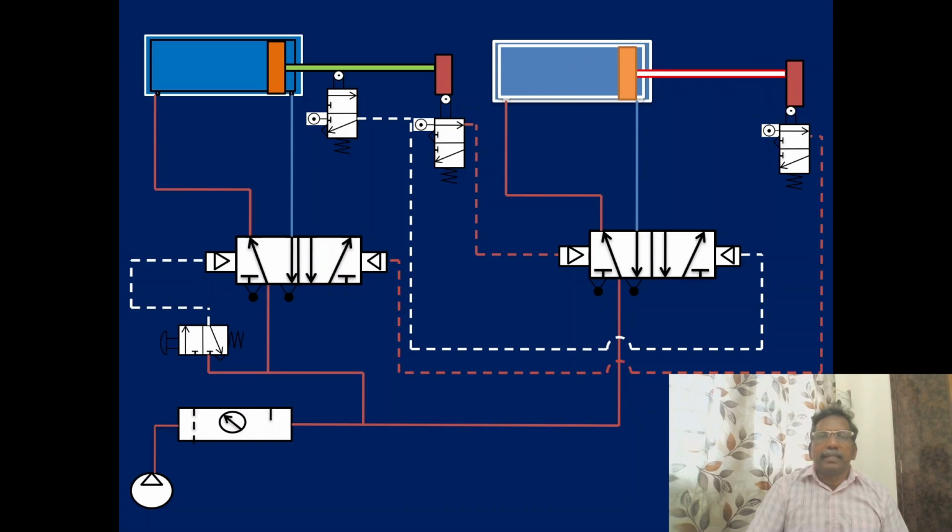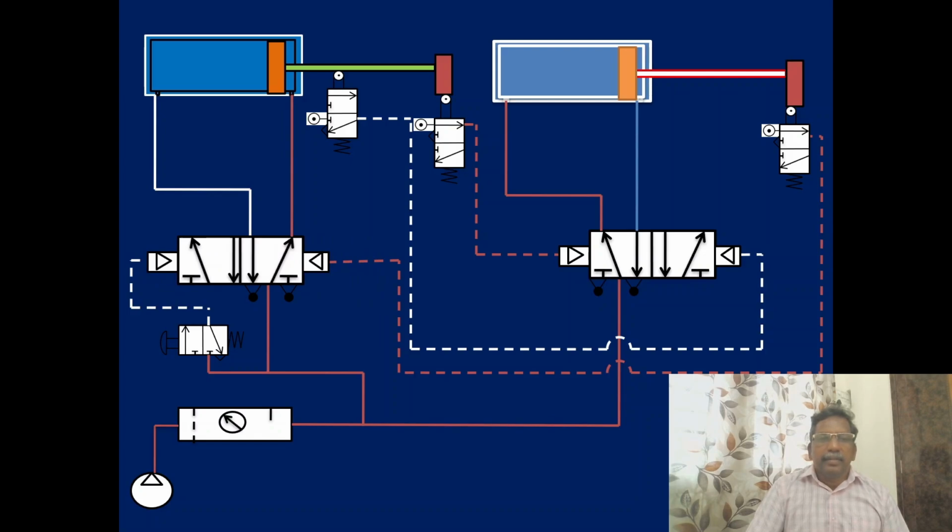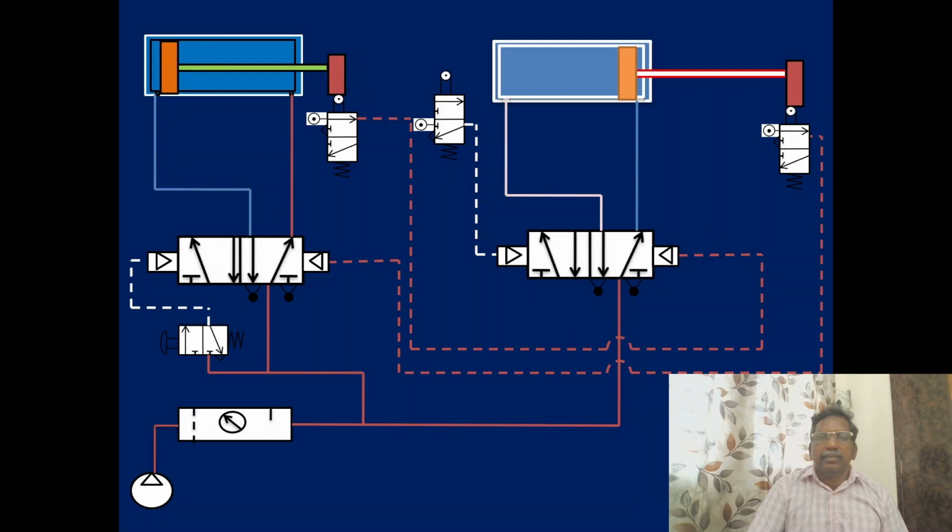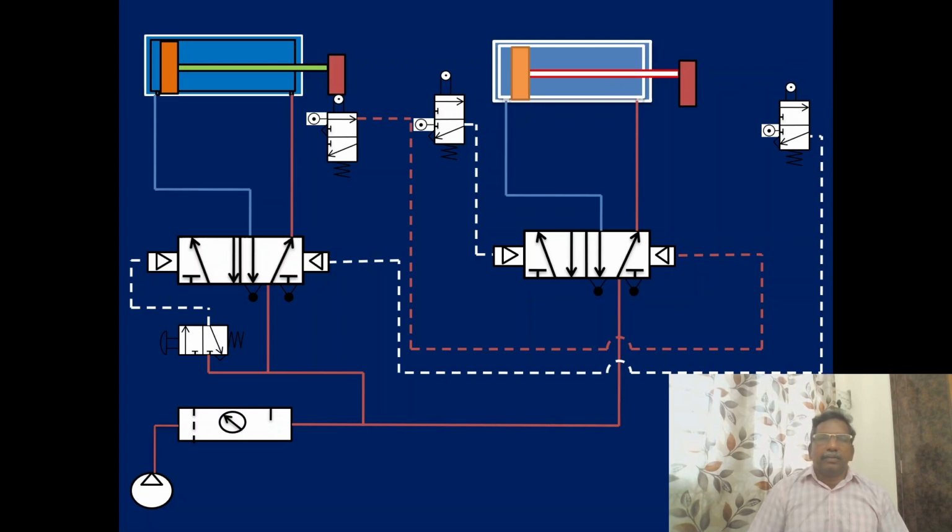This signal we send for the retraction action of cylinder A, so we can see the retraction. Now we can see the retraction of cylinder B. This one we are going to simulate in FluidSIM software. Now I think you understand the action of cylinder 1 and 2, or cylinder A and B.